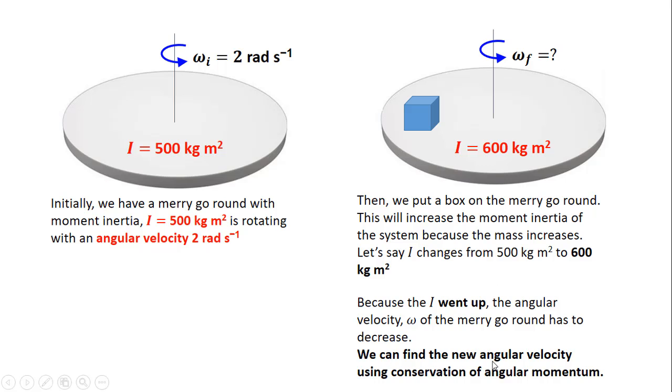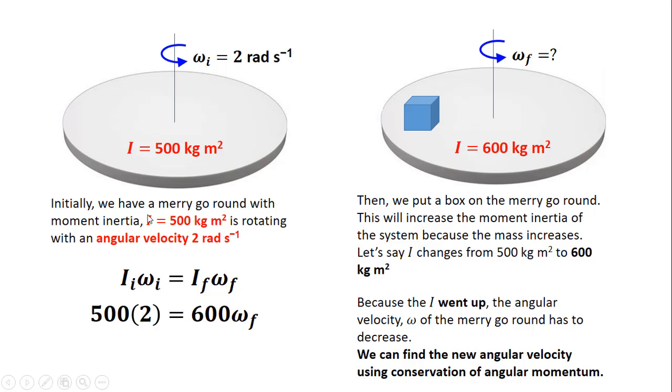We can find it using the conservation of angular momentum. According to the conservation of angular momentum, I initial omega initial must equal I final omega final. So we put in the values.